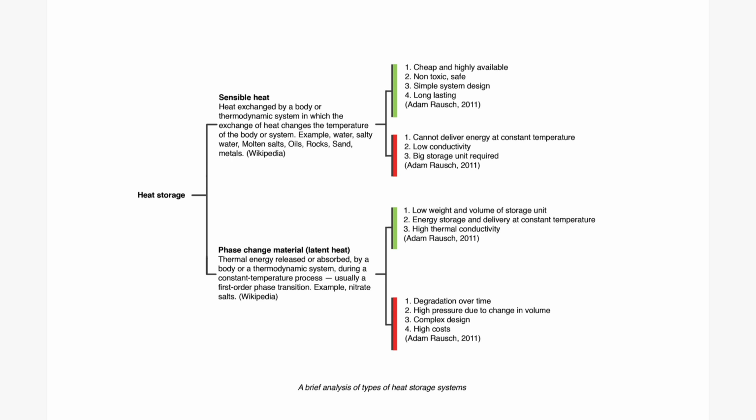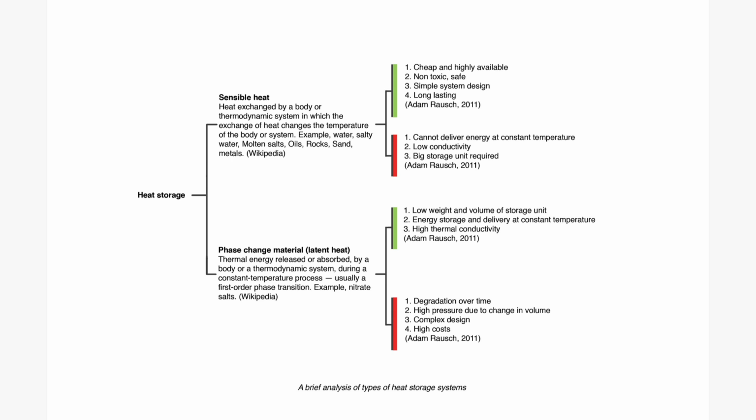And phase change material is a bit complicated. If any of you is from a science background, you might know that there is latent heat of vaporization and phase change. So you take the sun's heat and transfer it to a material, and it changes its phase.